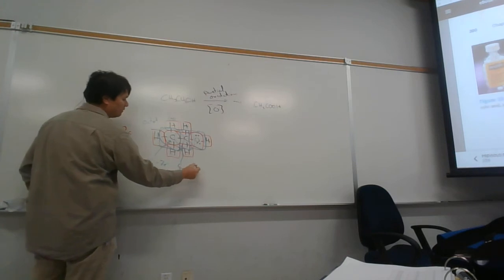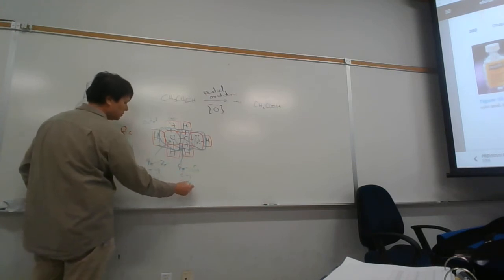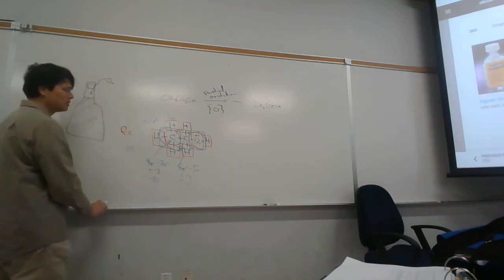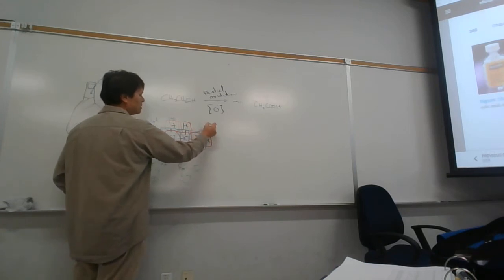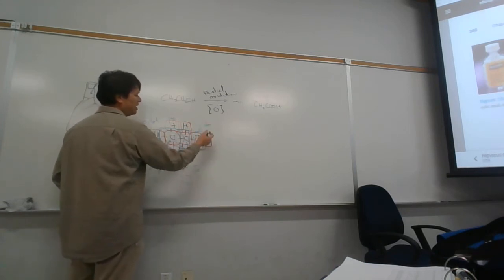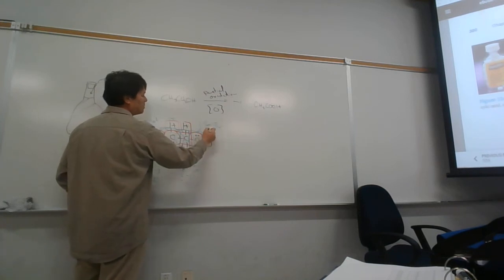So it's going to have 5, which gives us a -1. So the oxidation state of the second carbon is -1. The oxidation state of this oxygen is, oxygen normally has 6, and it has 2, 4, 6, 8 in this. And so its oxidation state is -2.